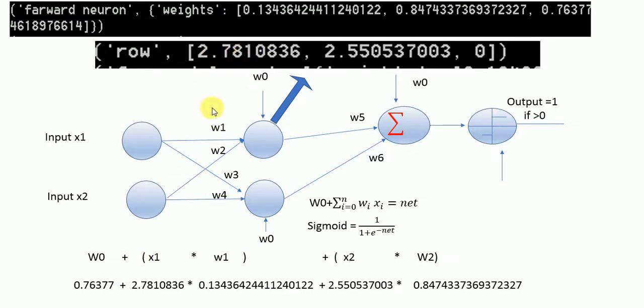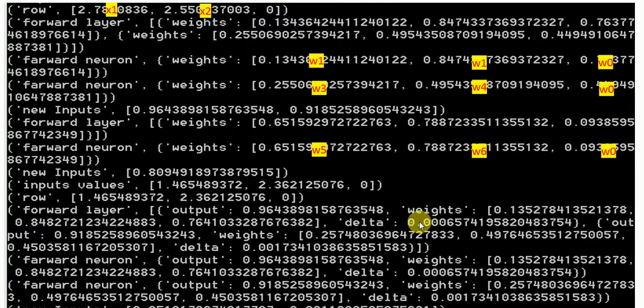So this is 2.78, plus w naught, and x1 into w1, and x2 into w2. So you have a sigma of wi xi, this is the net, and sigmoid is 1 over 1 plus e power of minus net.